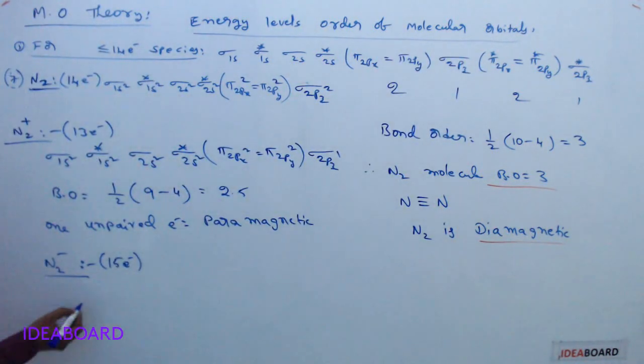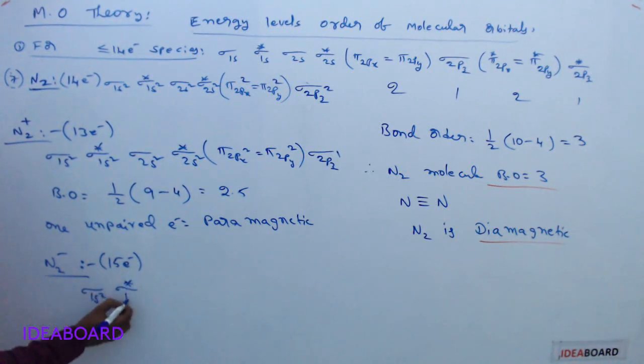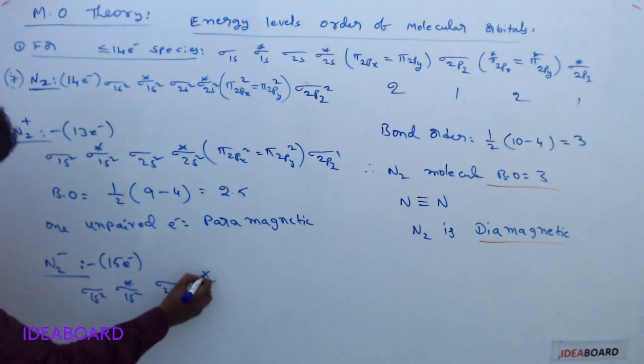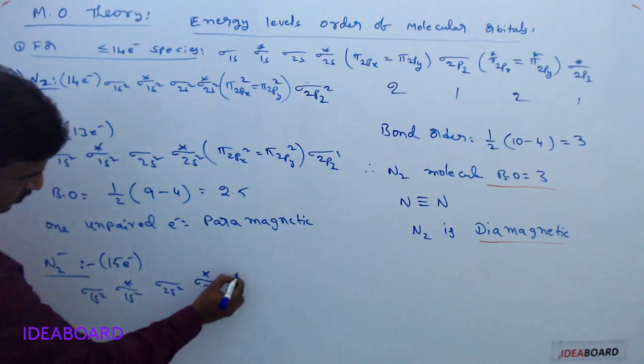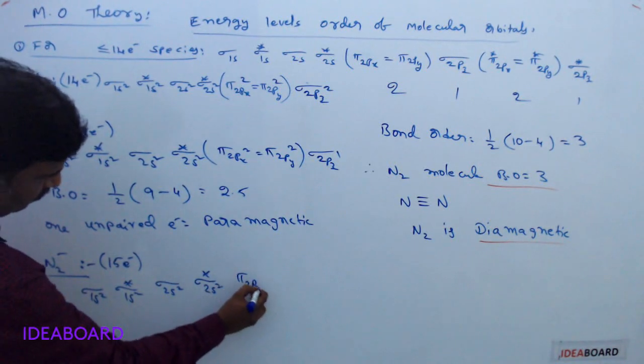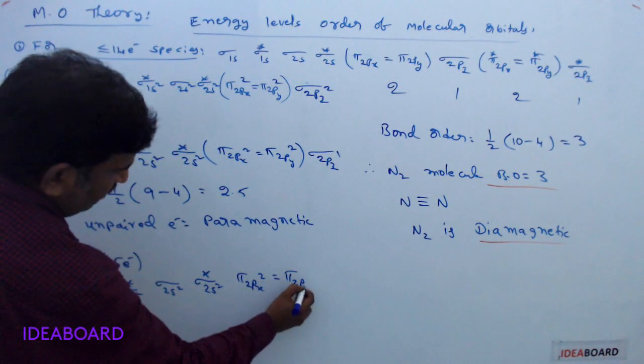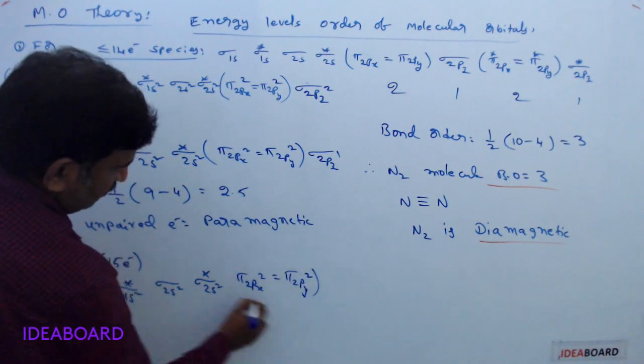Okay, here for N2 minus: sigma 1s2, sigma star 1s2, sigma 2s2, sigma star 2s2. Next, pi 2px2 equal to pi 2py2.